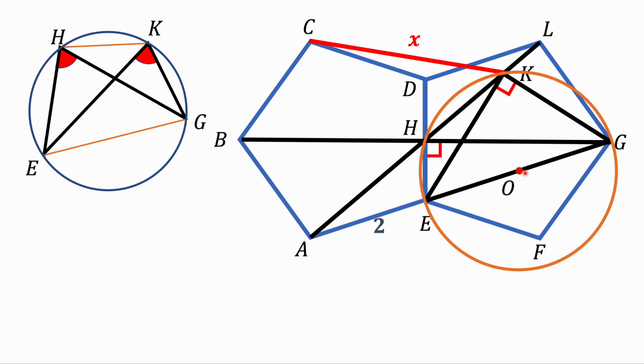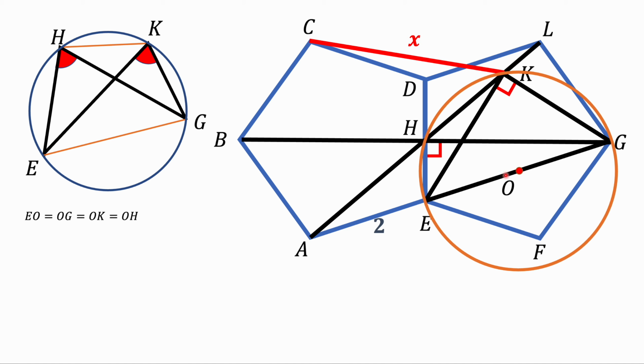Now, if you're not familiar with the inscribed angle theorem or Thales theorem, there's a link below. You can go and get more information. This means that EO, OG, OK, OH all have the same length. And now let's find that length.